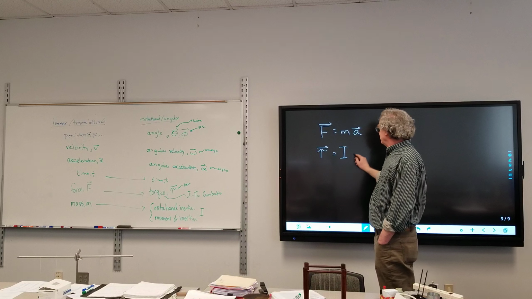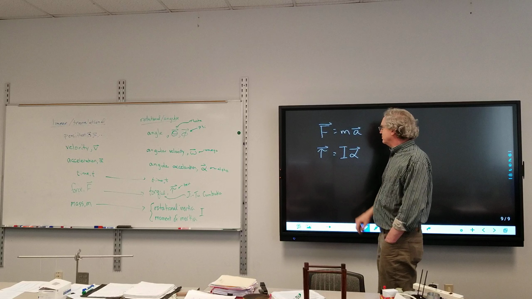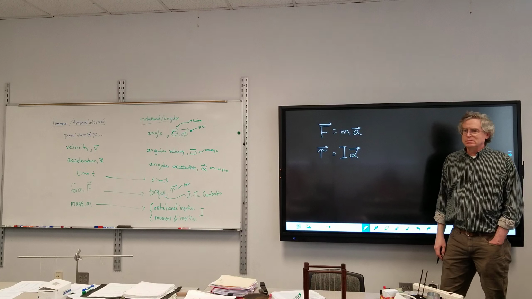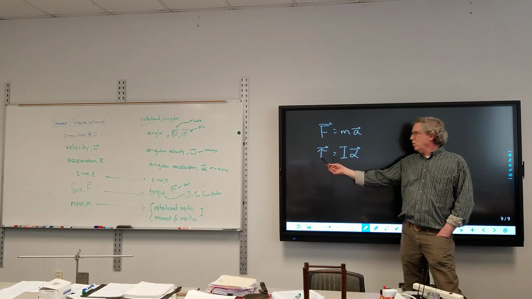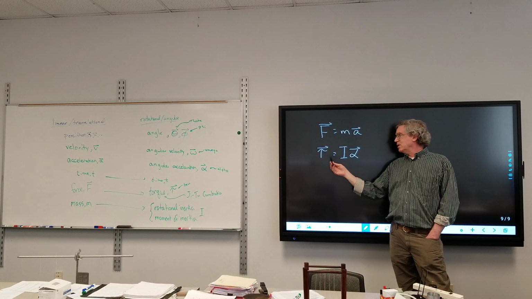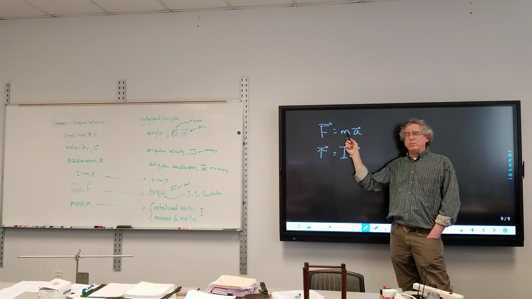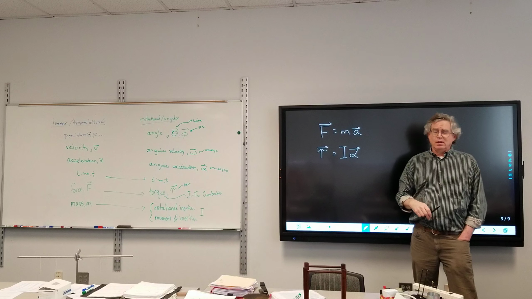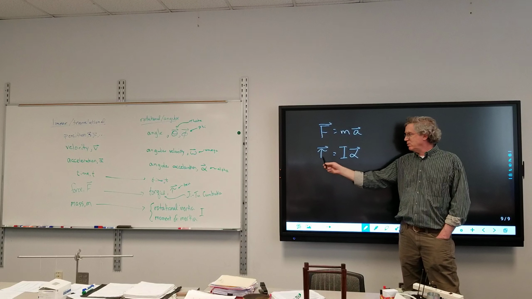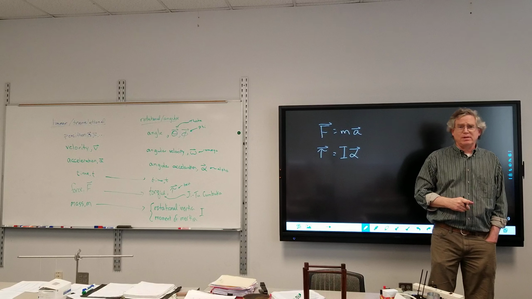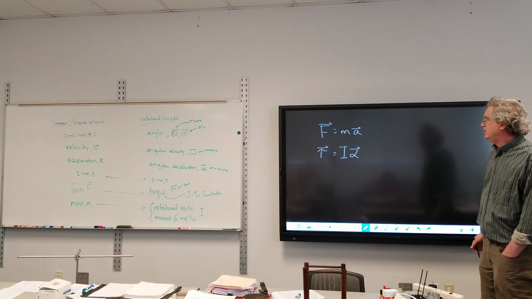Instead of acceleration, we have angular acceleration. The total torque acting on an object is equal to the moment of inertia times the angular acceleration, just like the total force is equal to mass times the acceleration. I will get into more detail about what torque is and what I is, just setting up some basics.